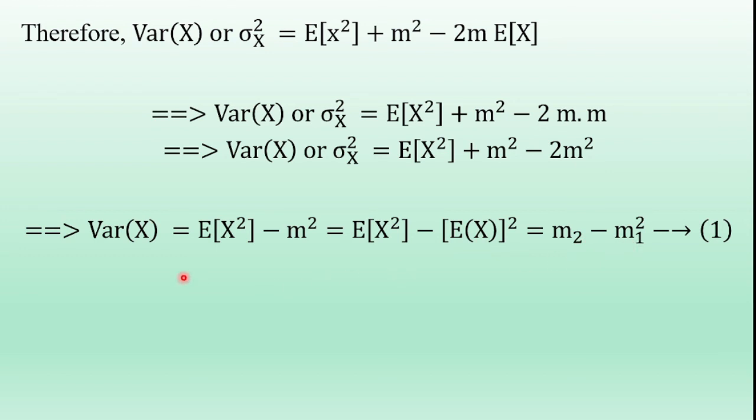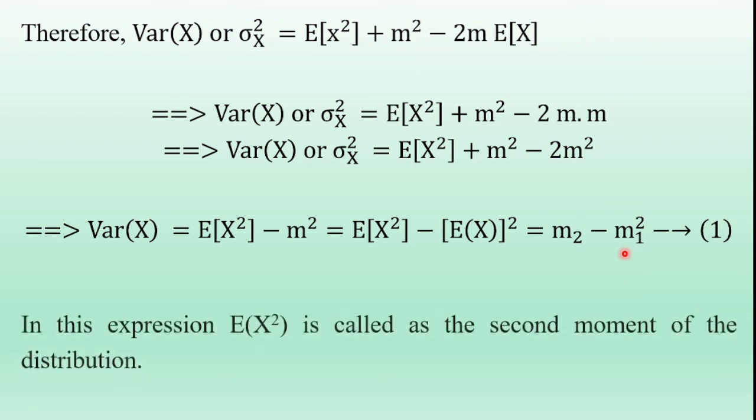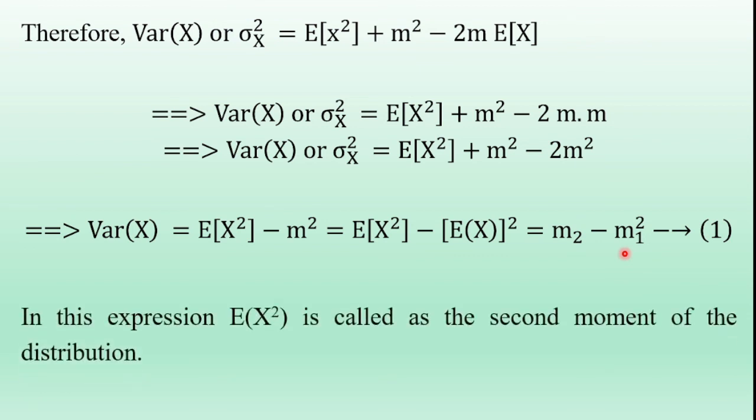So variance of X is equal to expectation of X square minus m square, or m2 minus m1 square. In this expression, expectation of X square is the second moment and expectation of X is the first moment of the random variable.